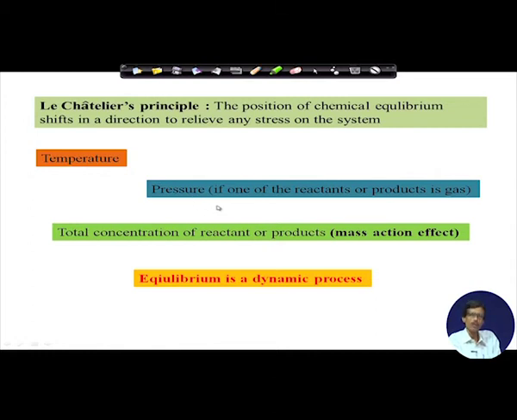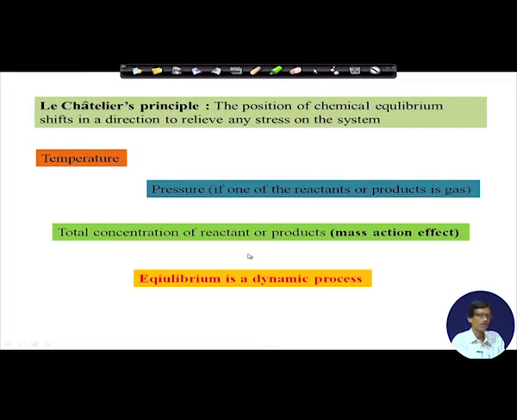Suppose we are forming ammonia from the reaction of nitrogen and hydrogen. We all know that this reaction takes place at a very high temperature and pressure. But if we consider only a very high temperature with atmospheric pressure, some amount of ammonia will definitely form, but the concentration of ammonia formed is not very high.